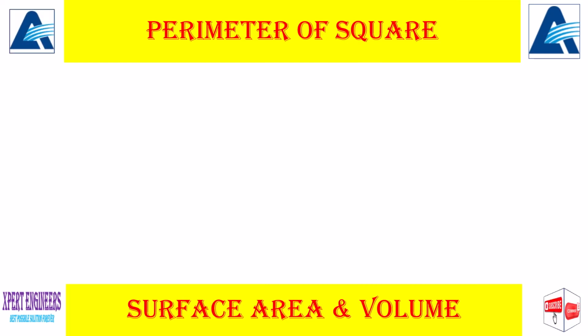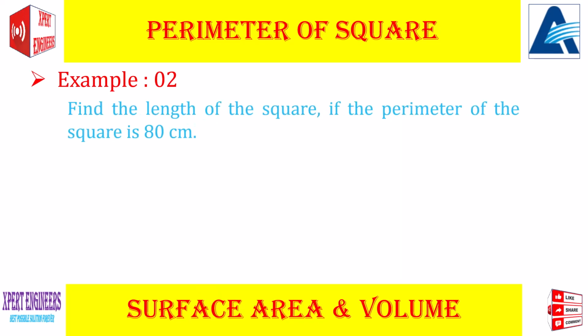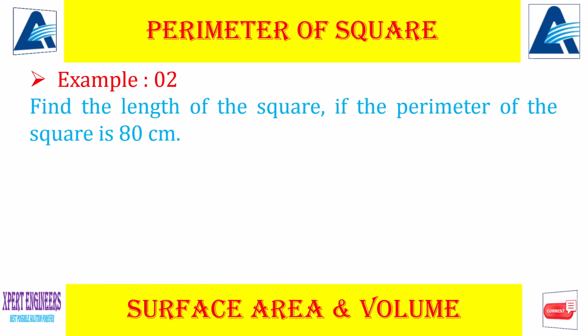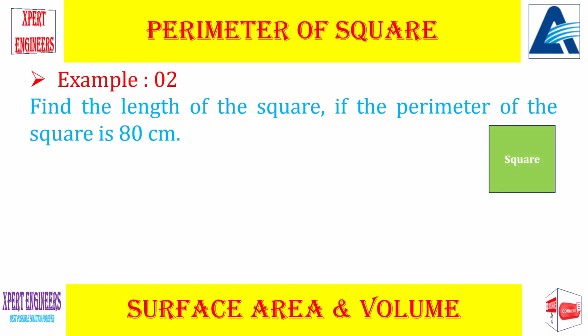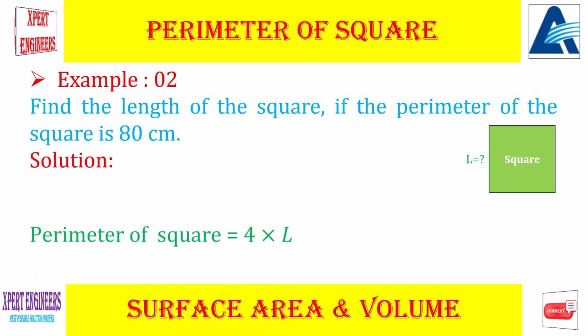Now let's solve another example. In this example, we have changed the scenario a little bit. Find the length of the square if the perimeter of the square is 80 centimeters. Let's draw a square, and we have to find the length of the square whose perimeter is 80 centimeters.